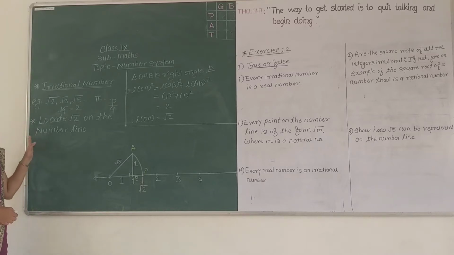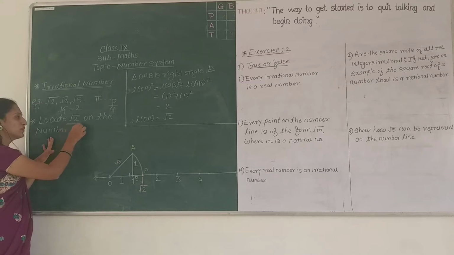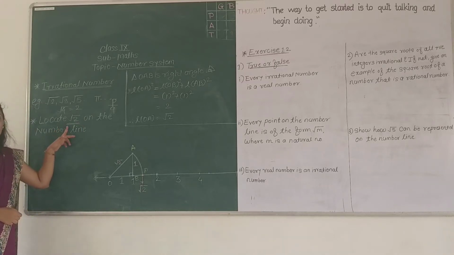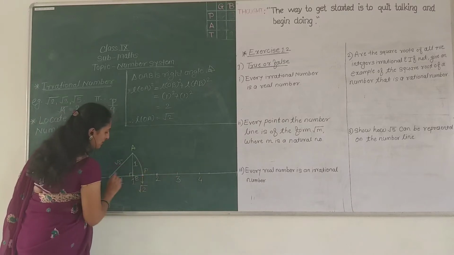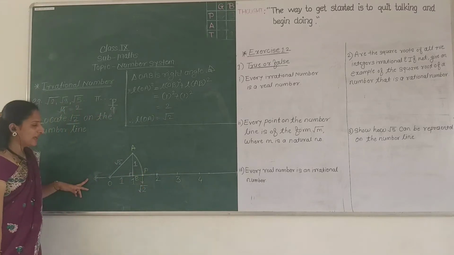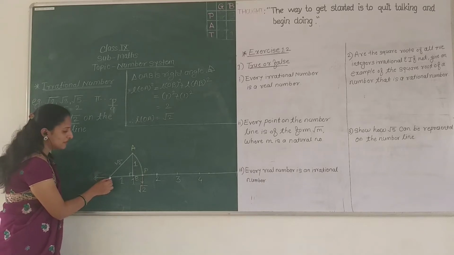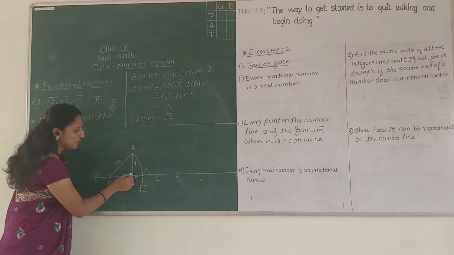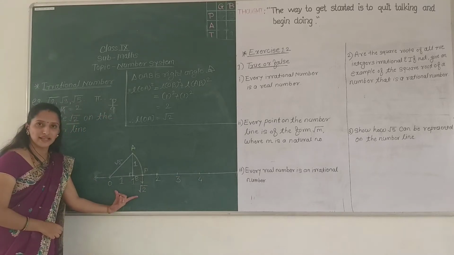So our first example is here. Locate root 2 on the number line. We have to locate the irrational number root 2 on the number line. For this, draw a number line with appropriate scale 0, 1, 2, 3, 4. Here I magnify the scale.